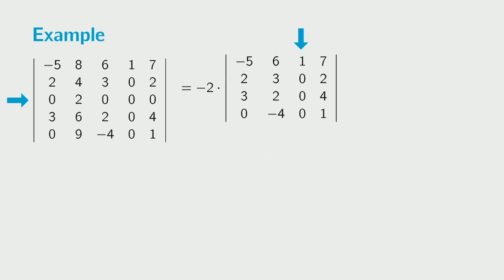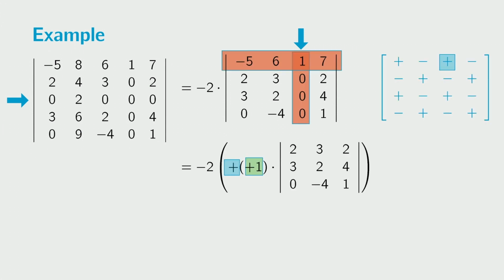Let's now expand this 4 by 4 matrix across the third column. That column has only one non-zero element as well, the one in the first row. The checkerboard sign of element 3,1 is a plus. So plus 1 times the element 1 times the determinant of this 3 by 3 submatrix.